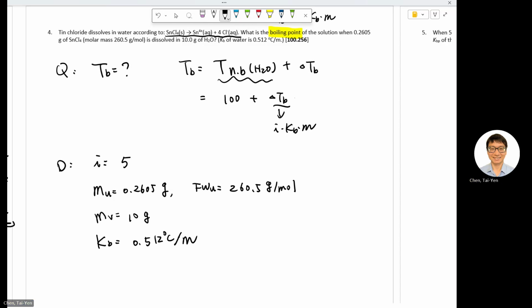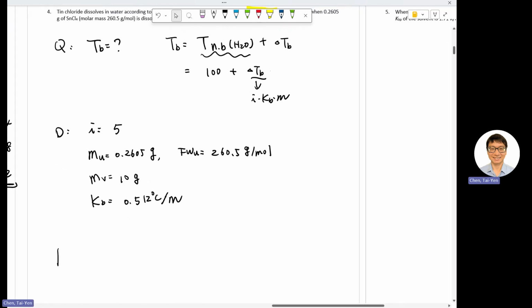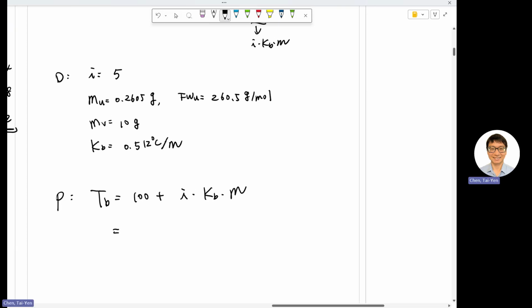Once we have all this information, we can calculate the final boiling point using 100 plus your delta Tb, which is i times Kb times m. We know the i is 5, Kb is 0.512.